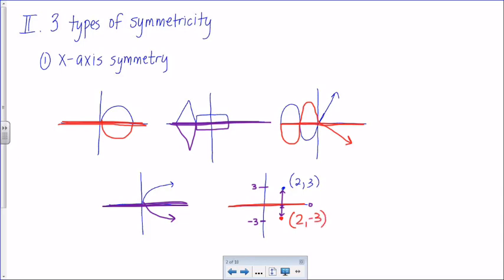So notice that when it's x-axis symmetry, the x value does not change.